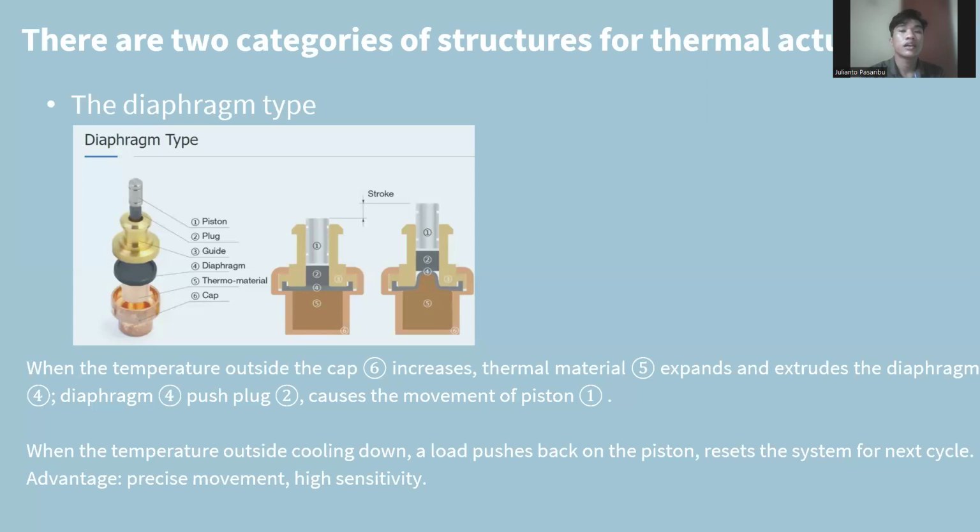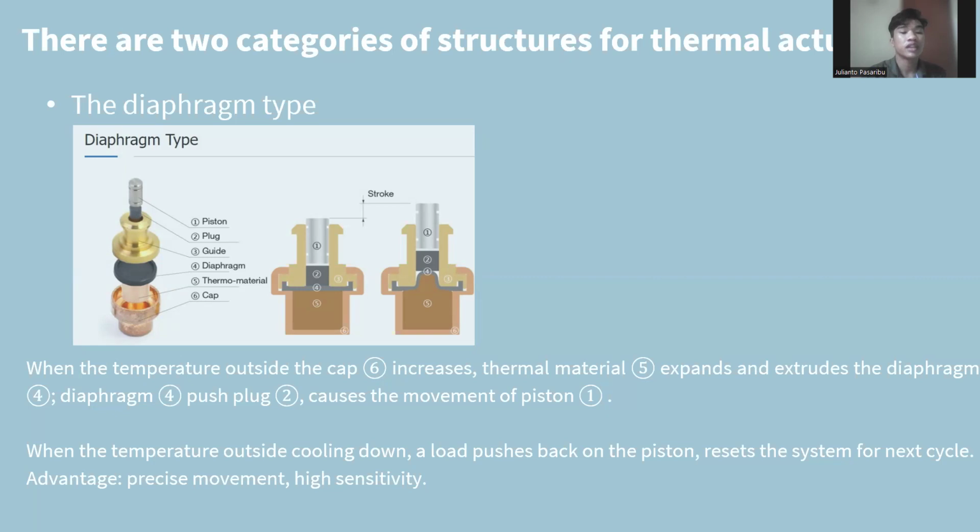So, there are two categories of thermal actuator. One, the diaphragm type. We can see the picture of the diaphragm type. Number 1 is piston, 2 is hook, 3 is guide, 4 is diaphragm, 5 is thermal material, and 6 is cap.